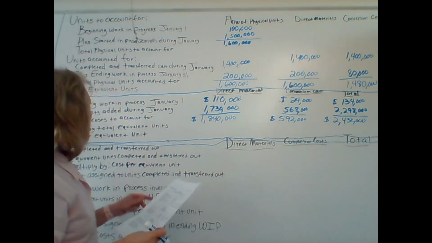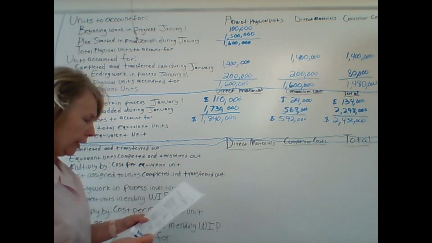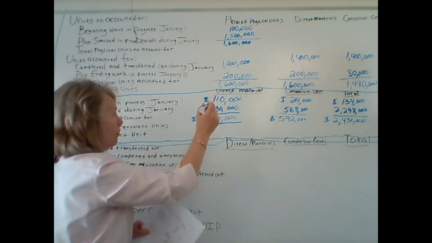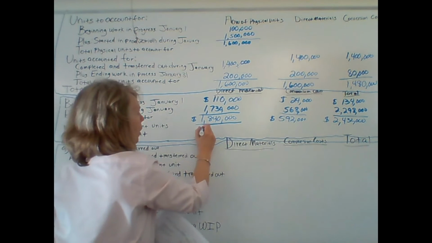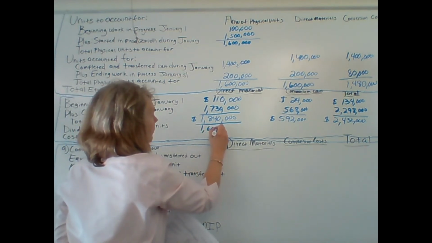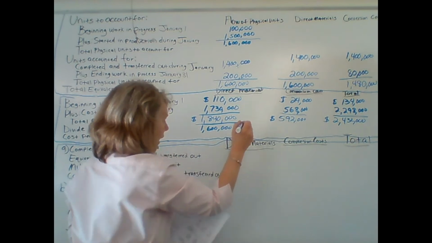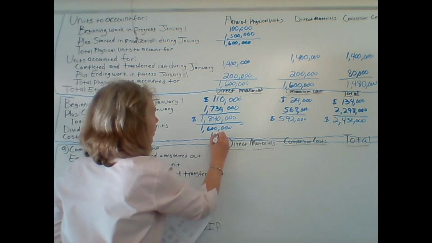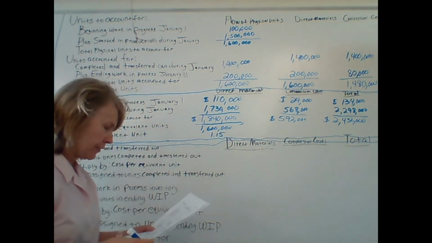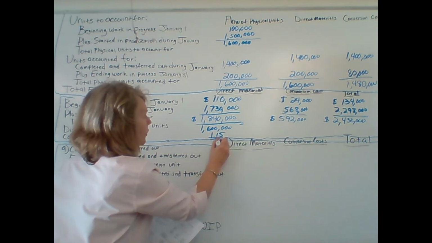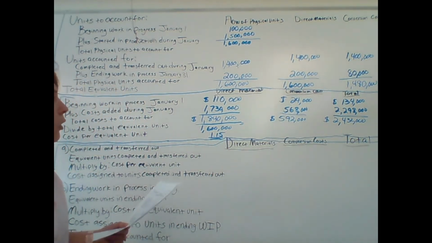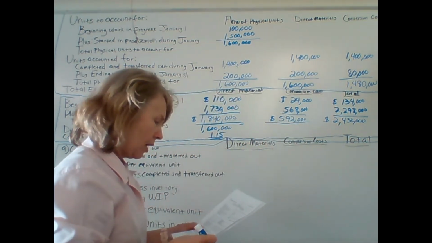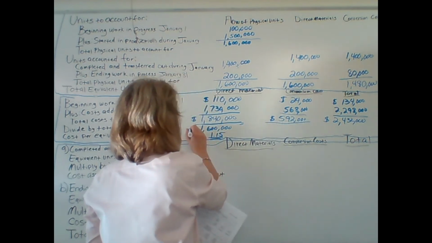Okay? All right, now I'm going to divide by the total equivalent units. So I've got my fraction bar, and I divide by my equivalent units. I go back up here. That's not a dollar figure. I divide that out, and that gives me $1.15. Okay, so $1.15 is my answer there. I put a double underline. Then I go over here, I take 592,000, I put the fraction bar, and that's a division, right?